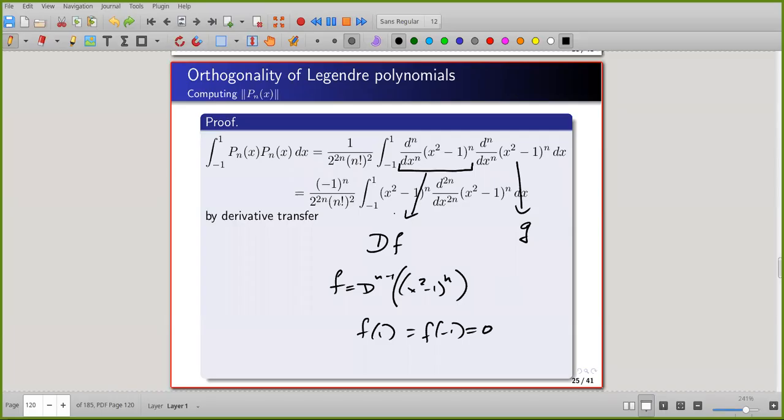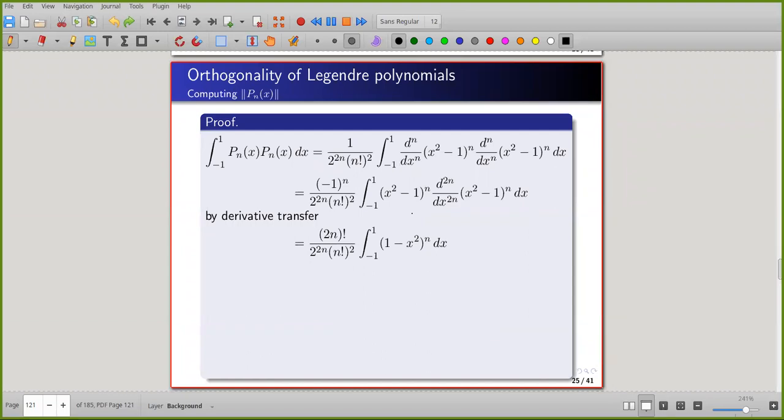Okay, so I can keep doing this, and by derivative transfer, by repeatedly doing that, we will go from here to here. I will leave it to you to figure out what we are doing. It's trivial if you have understood what is happening so far.